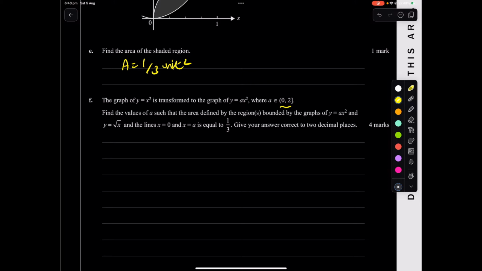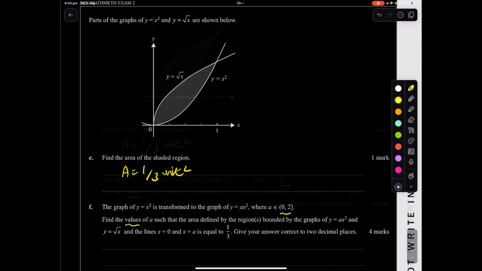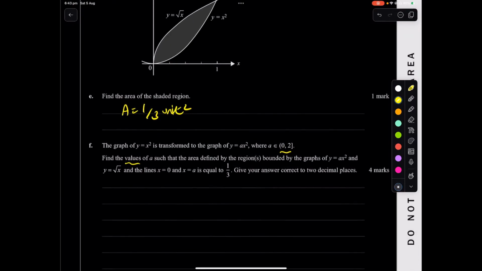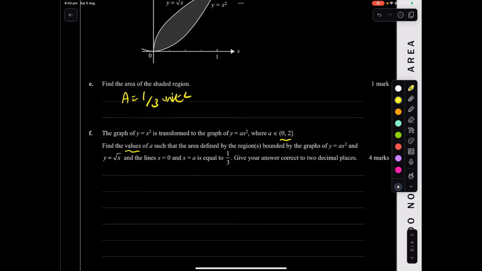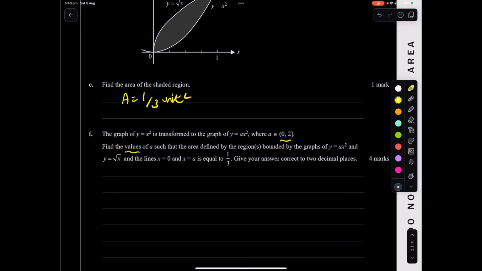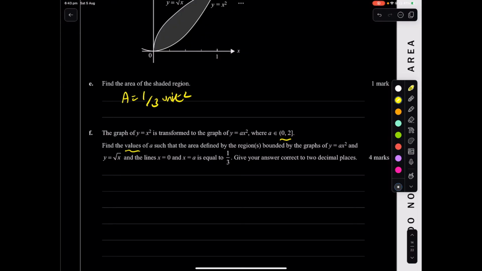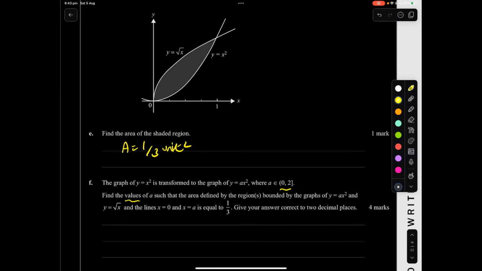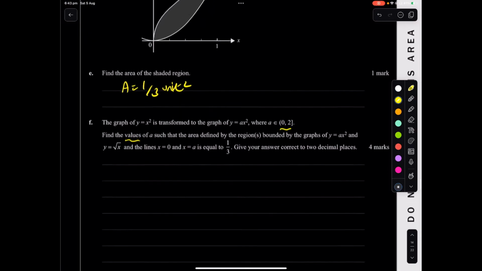Find the values of a such that the area defined by the regions bounded by the graph of y equals x squared and root x, and the lines x equals 0 and x equals a, is equal to 1/3.